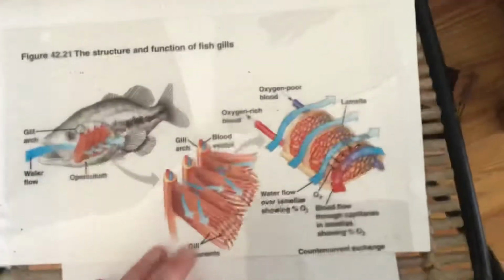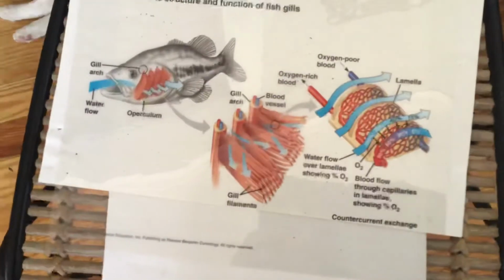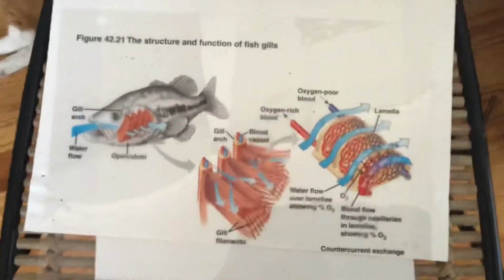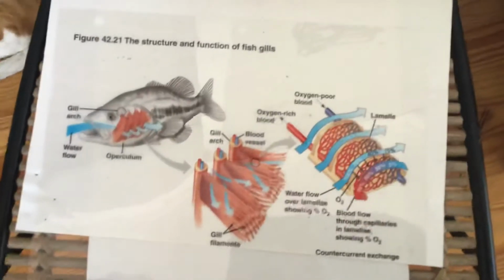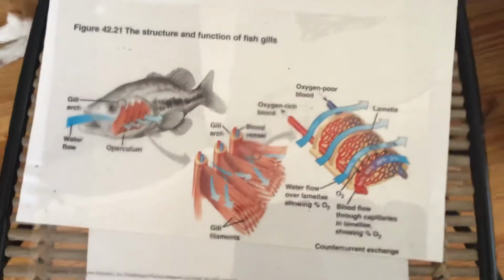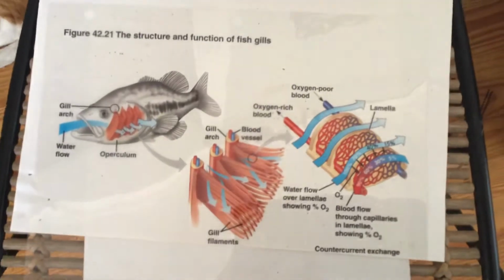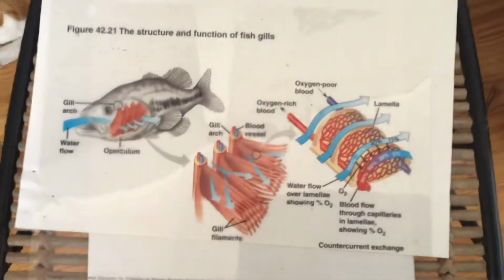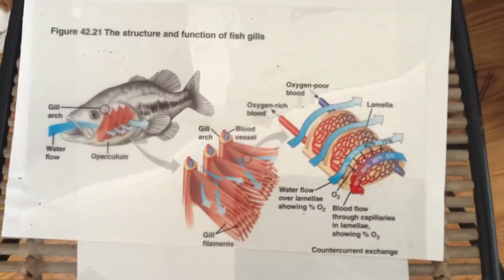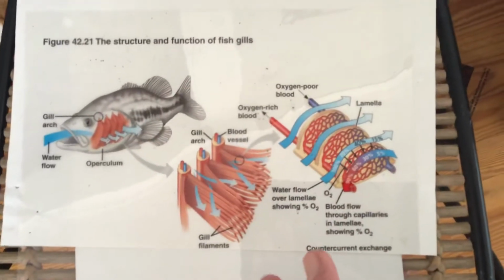An advantage to the gills, I should leave that on there, I guess. The advantage to the gills is that, of course, you don't have to have a different surface. That is, we're not changing states of matter to get oxygen into the cells. In other words, we're going from water, with oxygen already dissolved in it, into an aqueous solution, the blood.